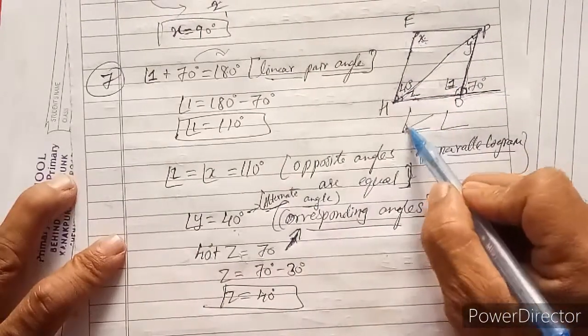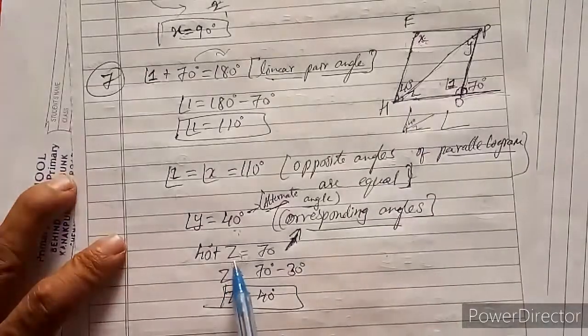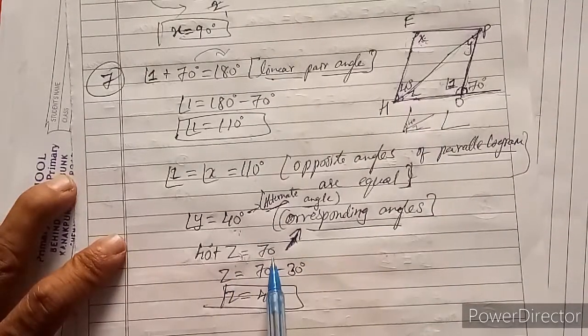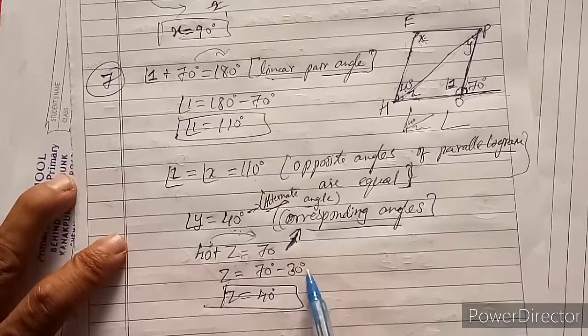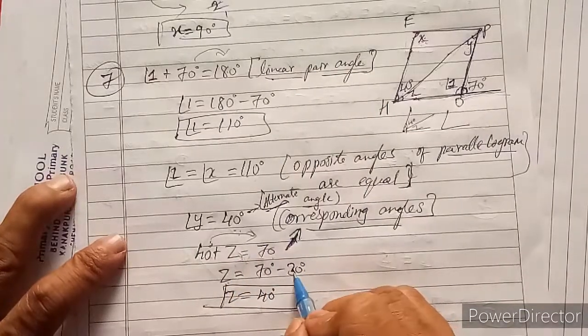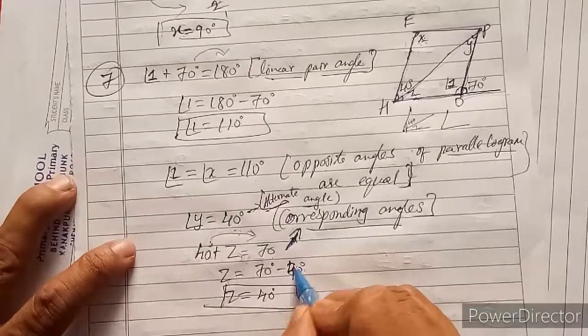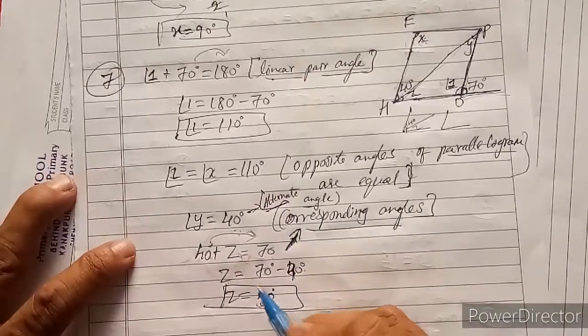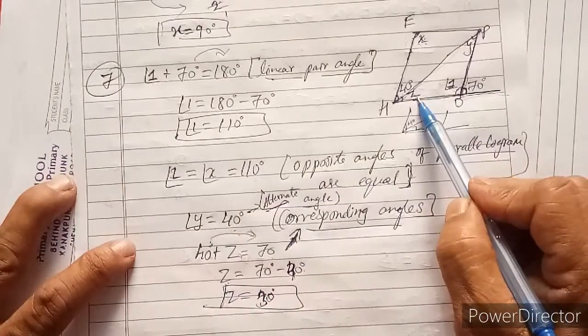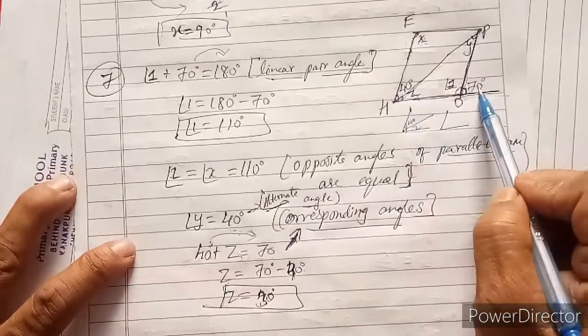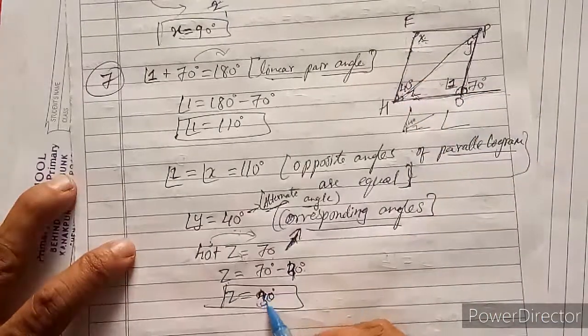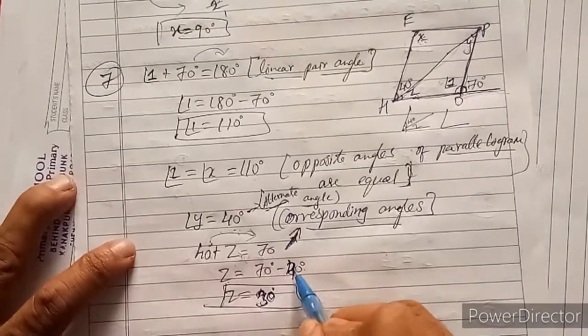So 40 plus z is equal to 70 degrees. If I transpose 40 to this side, z is equal to 70 minus 40. If you subtract, we get 30 degrees. This is also 30 degrees. 40 plus 30 we get 70 degrees, because according to the corresponding angles, this is 40 degrees.